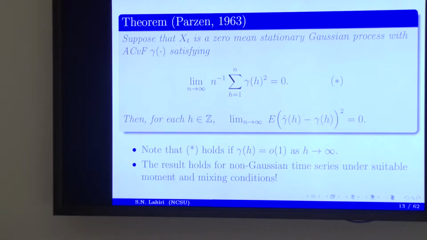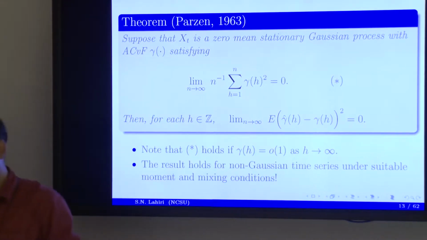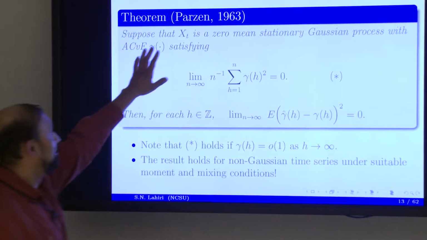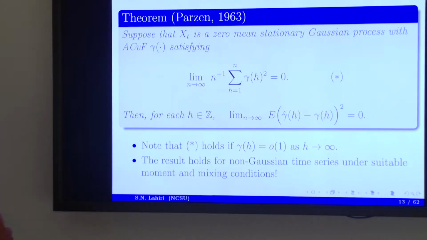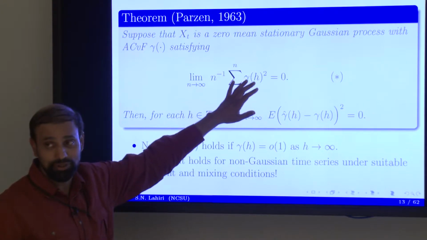All right. So if you come up with an estimator, you have to prove its properties, and these properties are proved only for the Gaussian case. As I said, this is a 63 paper. People were trying to understand what sort of definitions of the spectral density, what sort of estimators are relevant, but in any case, this condition is very, very weak.